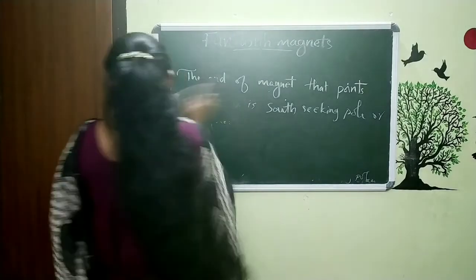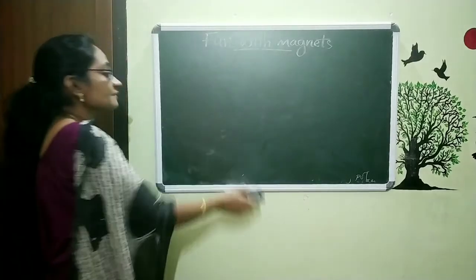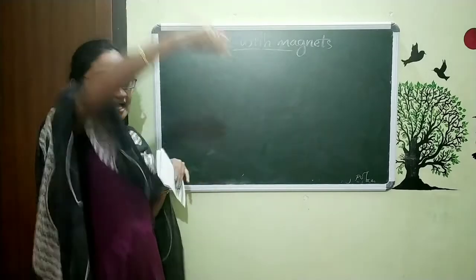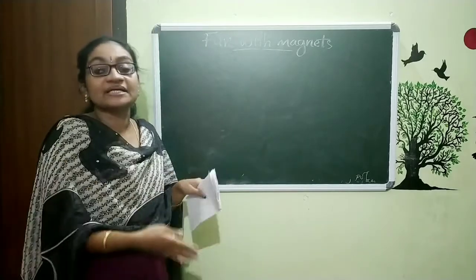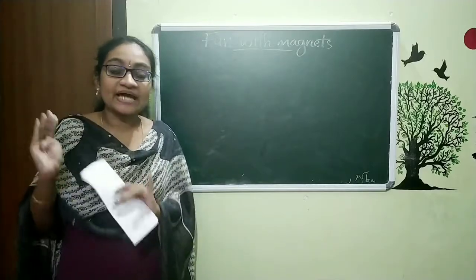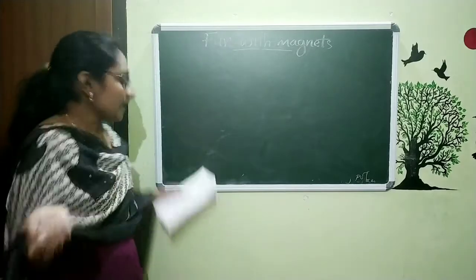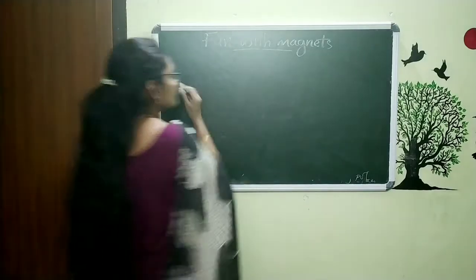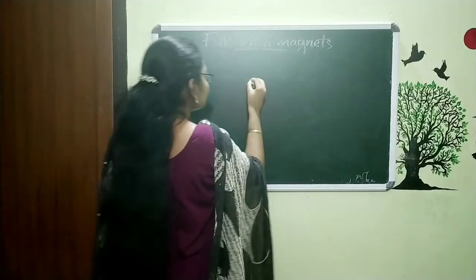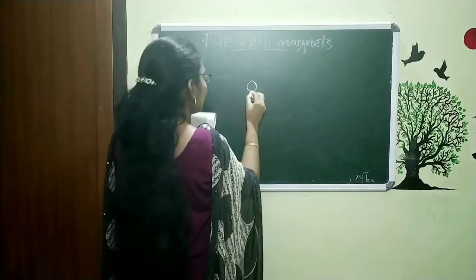And I already said that travelers use the property of the magnet to identify the directions. I already said that when we hang the magnet, it always stays in the direction of north and south, and so we can identify the direction using the magnet. And also your textbook says that an ancient Chinese emperor used a statue on his chariot.